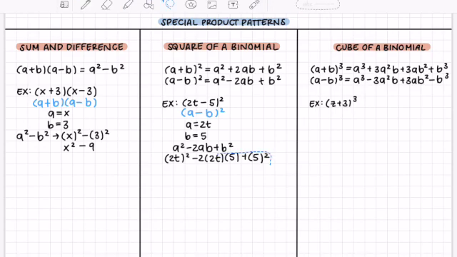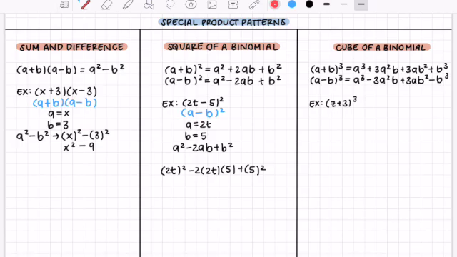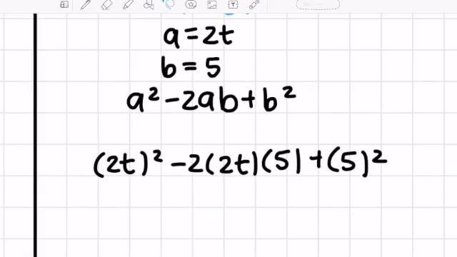After I do that, I just have to simplify my expression. Because right here, we see that 2 is multiplying with t, then in this case, yes, it is okay to distribute the 2 to both the 2 and to the t.